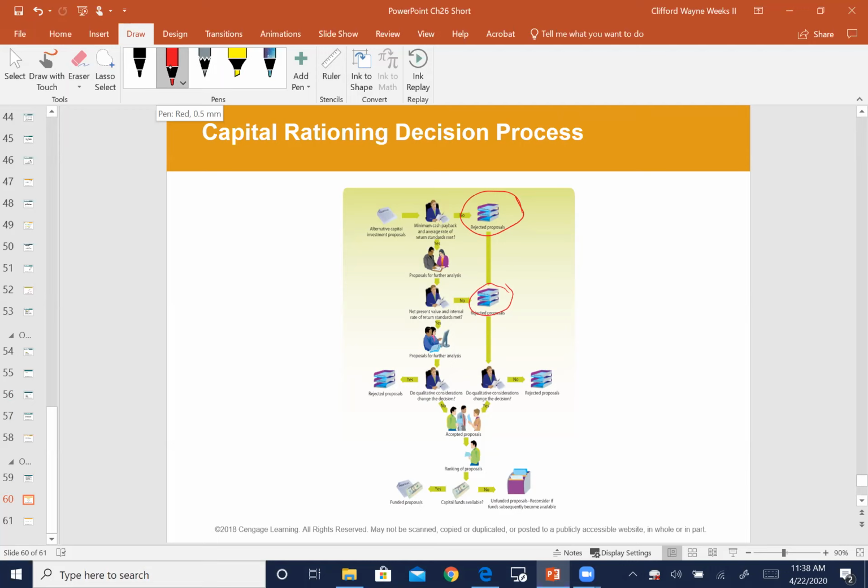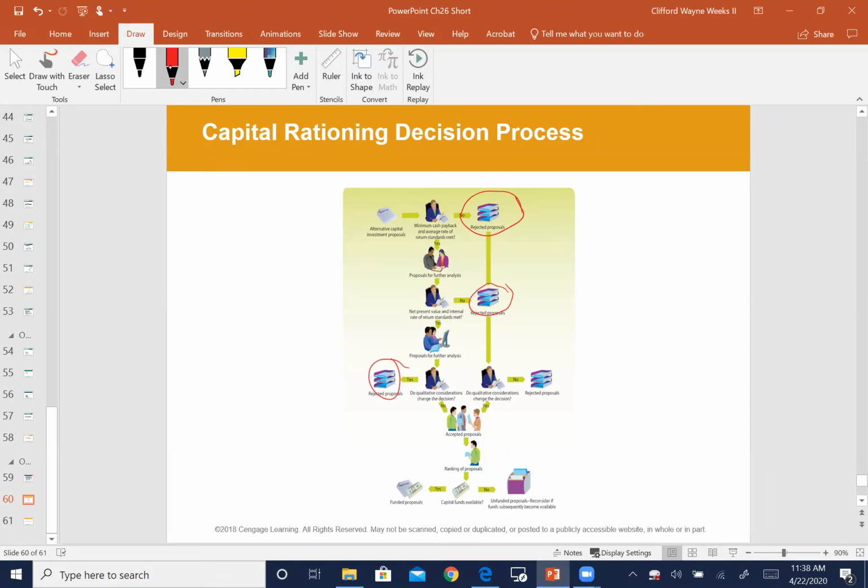Then it comes down here, and we ask, do the qualitative things change our decision? Yes. Well, again, that's not a garbage can. We put it there for later consideration, along with the ones that we rejected earlier. Do some of the qualitative things make them acceptable?